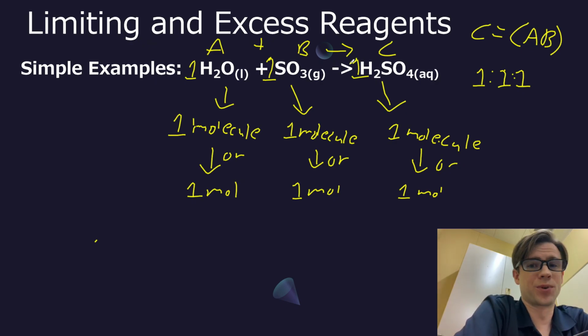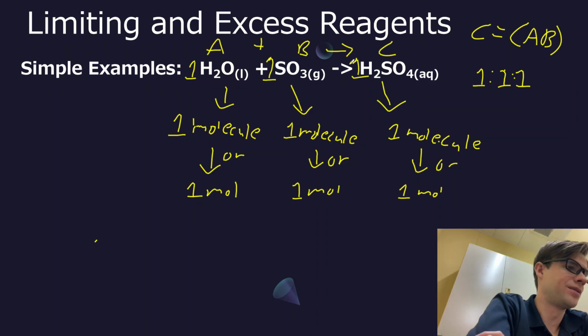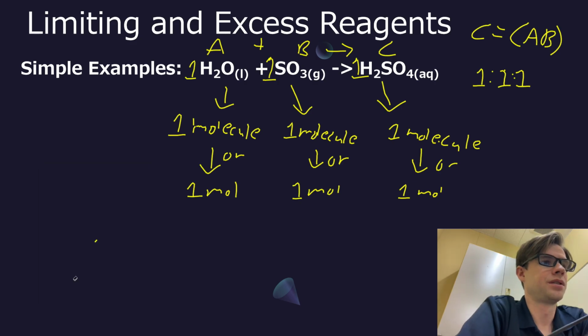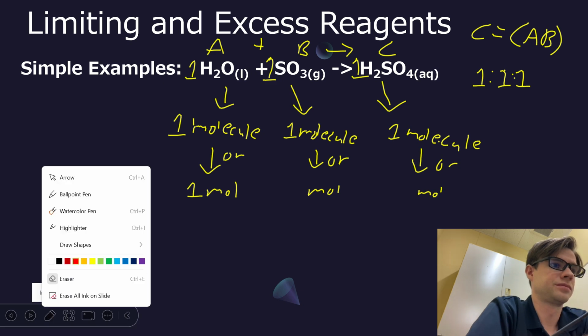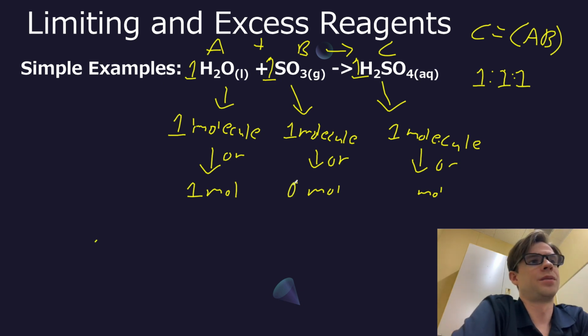Now I want to do some more thought experiments. What would happen if we have 1 mole of H2O and 0 moles of SO3? How much product can we make?